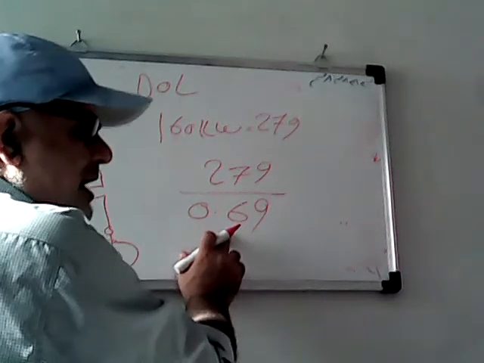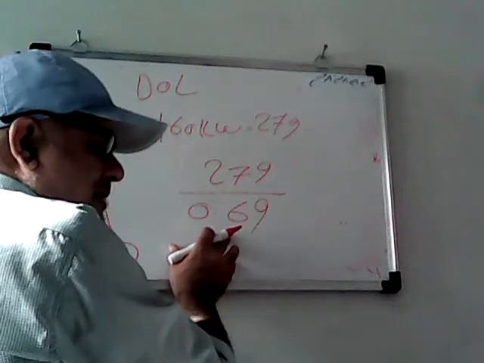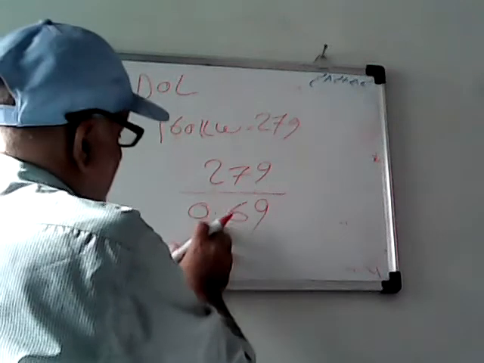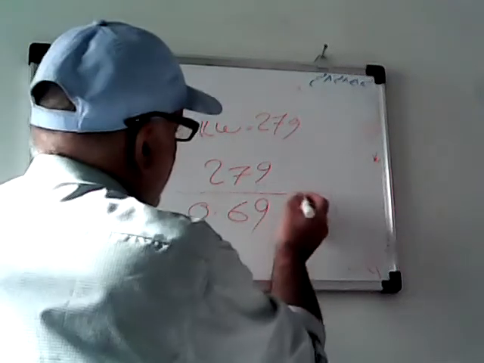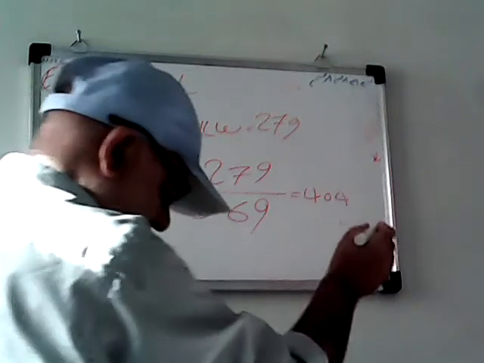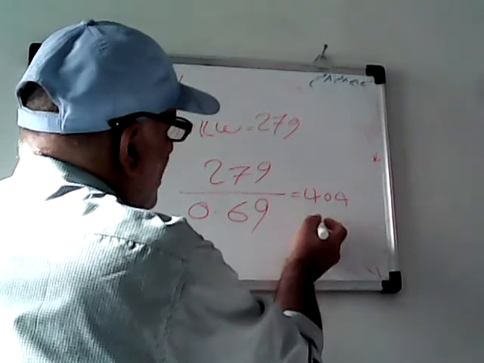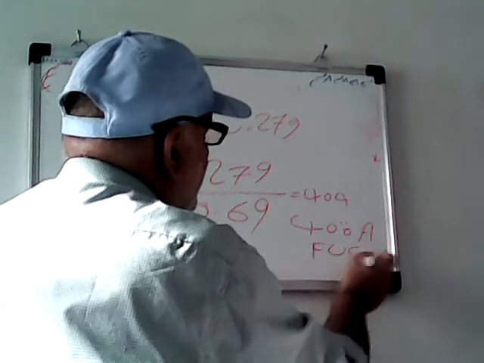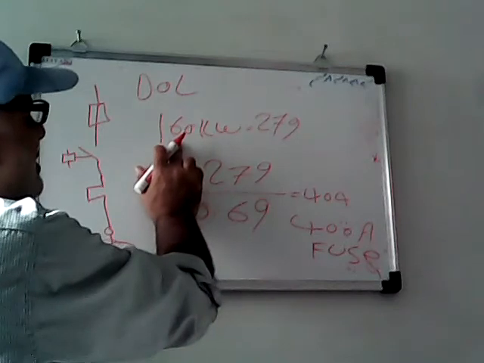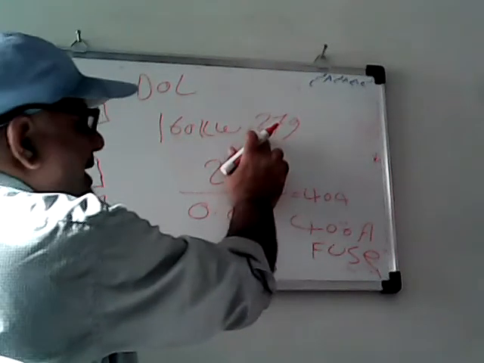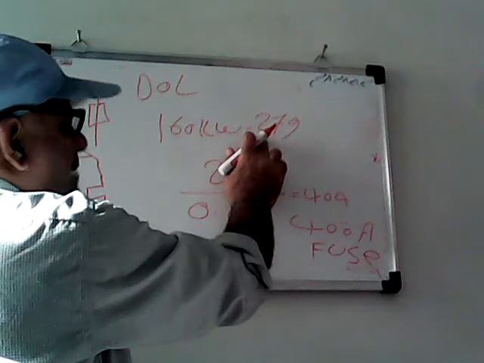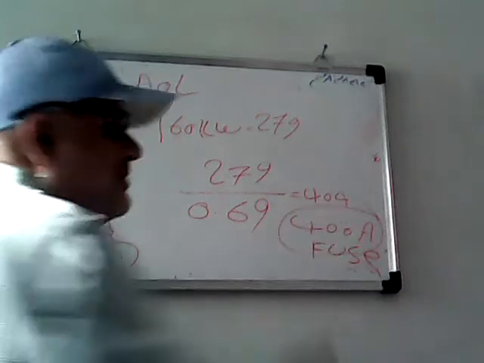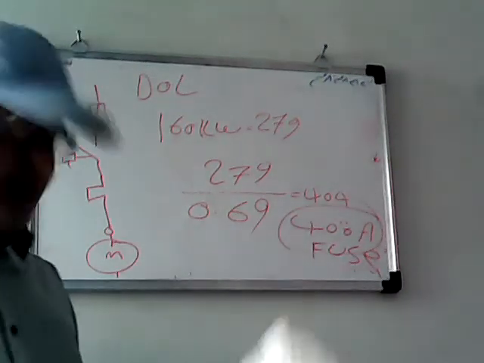These numbers I invented, Behruz Ahmadi suggested to you. Then you find 404. We don't have a 404 fuse. Choose a 400 ampere fuse. Very fast. You had 160 kilowatts, that's the rated current in the nameplate. Divided by 0.69, you find your fuse. Very fast.